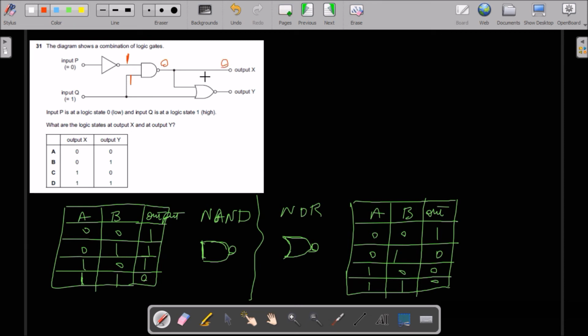So result will be 0 for output X. For NOR gate, so 0 also comes here, and from input Q we have 1. So look at NOR gate, 1 and 0. The result will be 0. That's why result of output Y also will be 0. That's why A will be right.